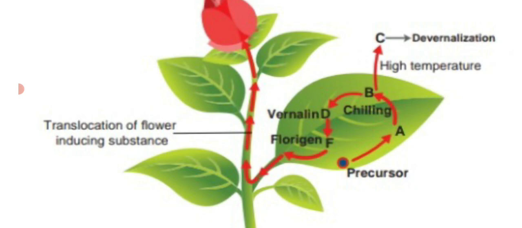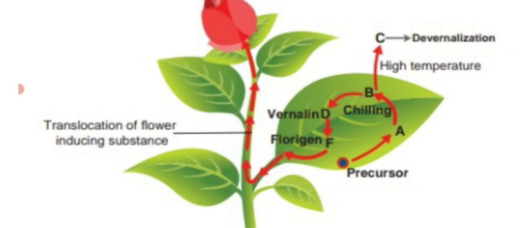The precursor is modified into A. Again A is converted into B form, which is unstable, and directly converted into D, forming the vernaline. The vernaline is afterwards converted into, or produces, florigen, the hormone, at low temperature.